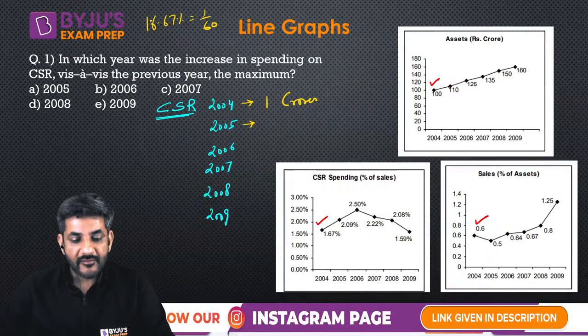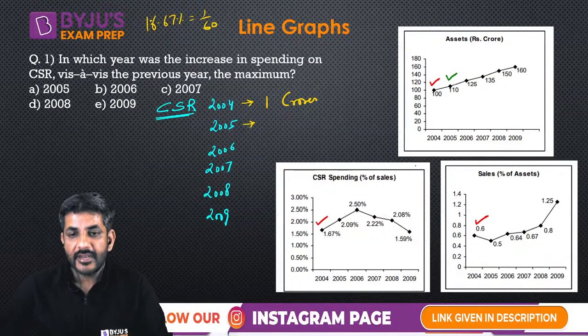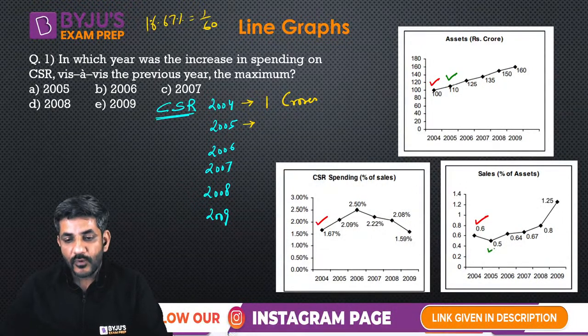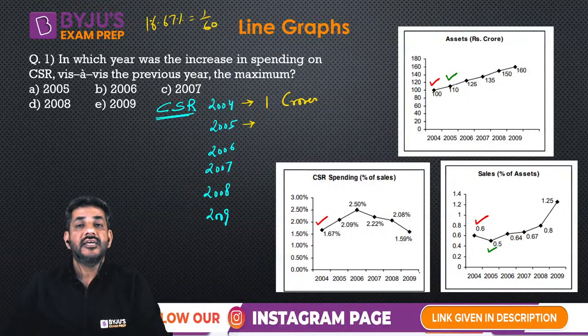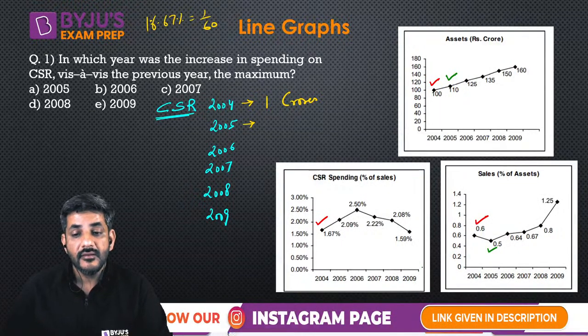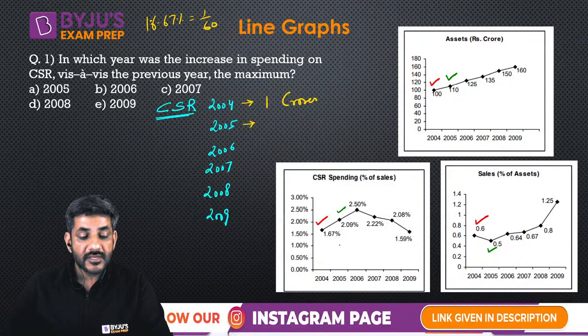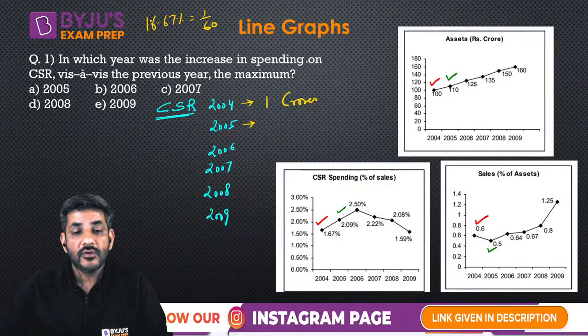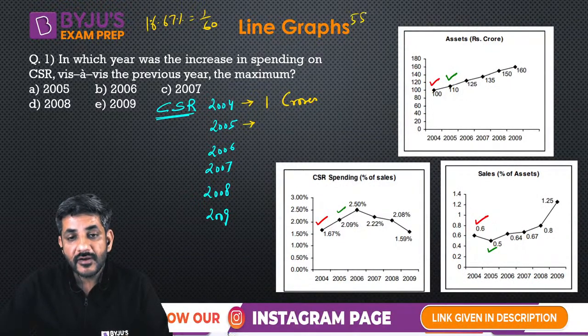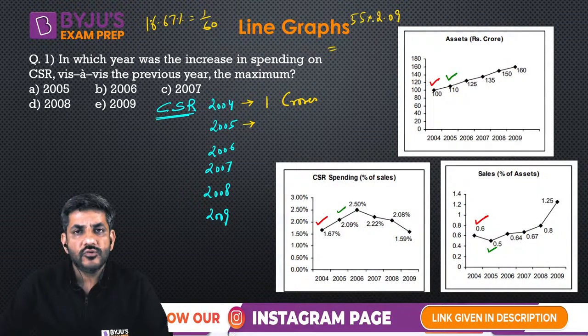In 2005, we see that this is 110 assets. This is 0.5 times of that. 0.5 times of 110 is 55, right? 55 का 2.09%. 55 का 2% अगर मैं निकालूं, that would be equal to 1.1.